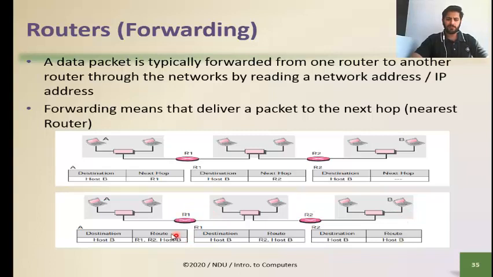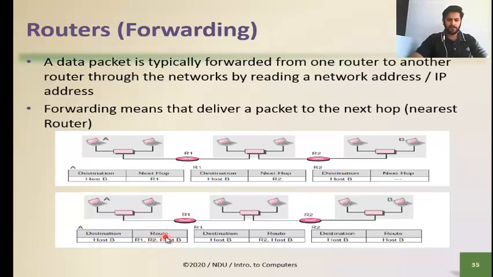And what is the targeted path? If A wants to communicate with B, A sends the packet to R1, R1 sends it to R2, and R2 sends it to host B. So the route is created here.